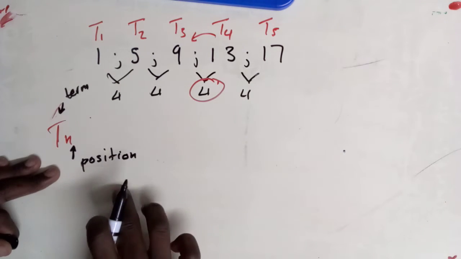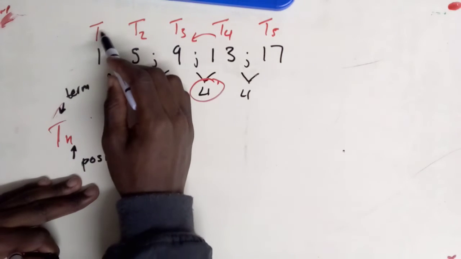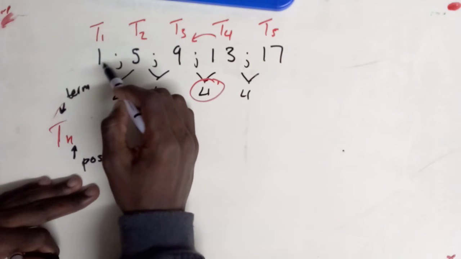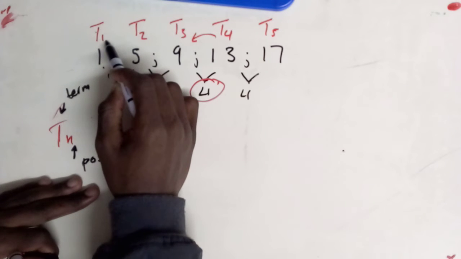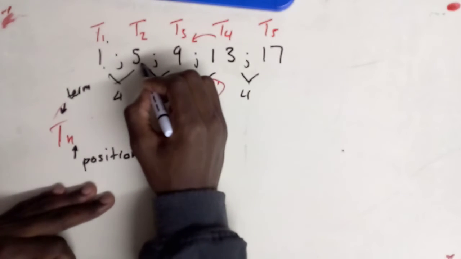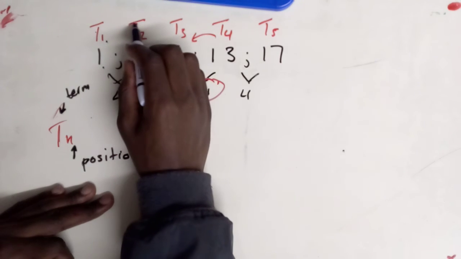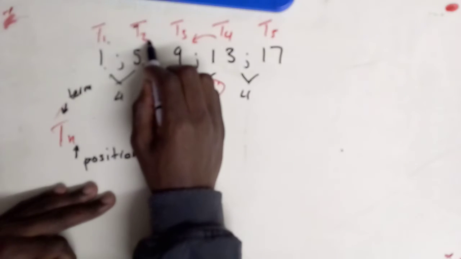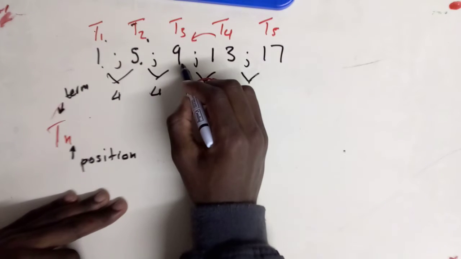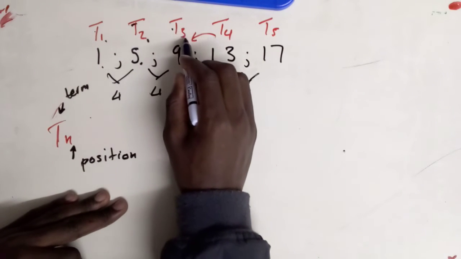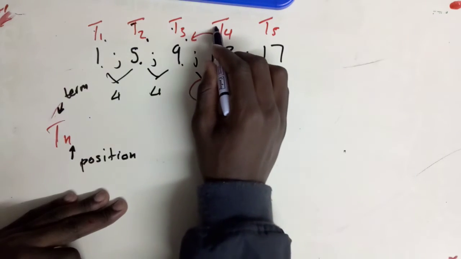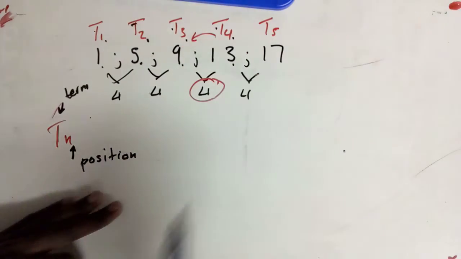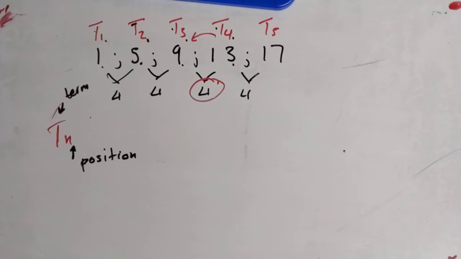Where is this term? For example, 1 is a term in position 1, 5 is a term in position 2, 9 is a term in position 3, 13 is a term in position 4. I hope you understand that now.